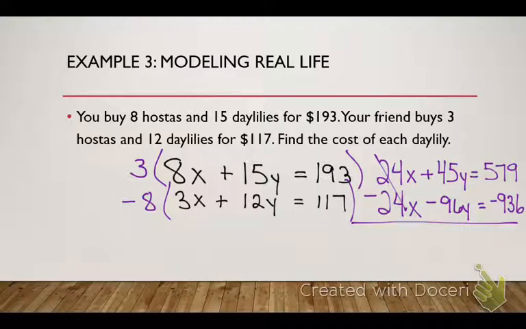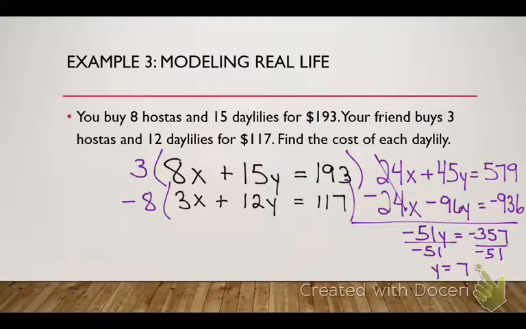All right, so what is 45 minus 96? Negative 51. Yep, negative 51 equals, and when you subtract, wait, hold on. 579 minus 936 is negative 357. Okay, divide by negative 51.